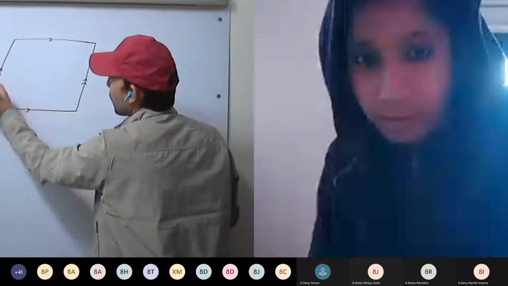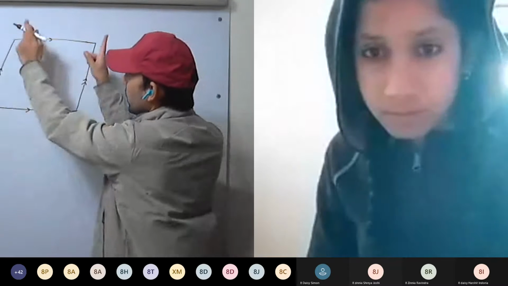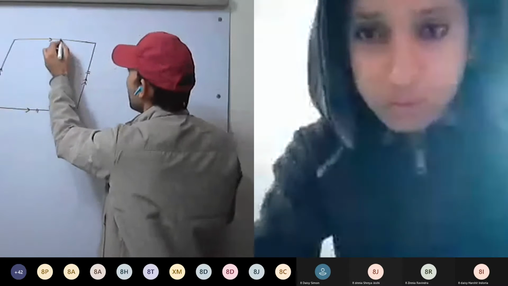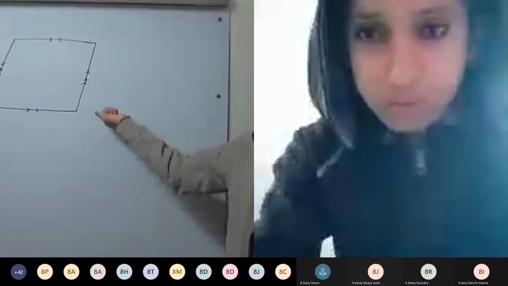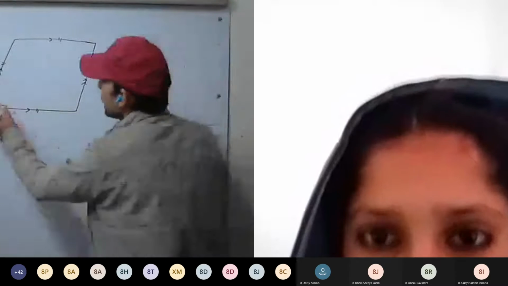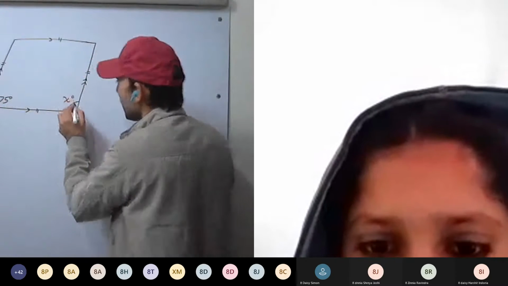This is how we denote it: these two sides, single arrow, double arrow. So these two are parallel, and they all are equal. Okay, so it's a rhombus. We can mark 75 degree and x degree. This is 75 degree. Here we have the x degree.